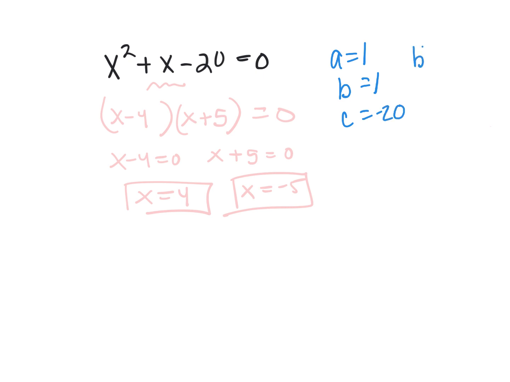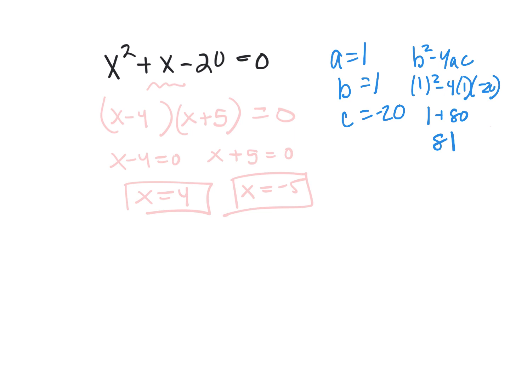And so if we started with the discriminant, we would have 1 squared minus 4 times A times C. And we would end up with 81 as the discriminant.